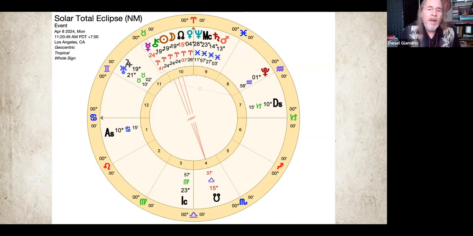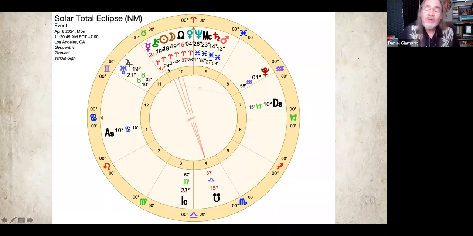And it's happening at 1924 Aries. Now, this is not a misprint. Look at Chiron, 1924 Aries. Not a misprint.